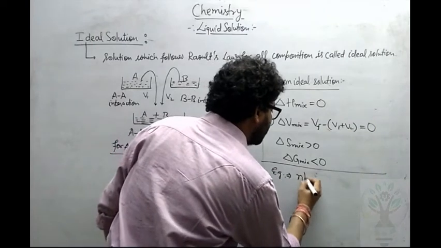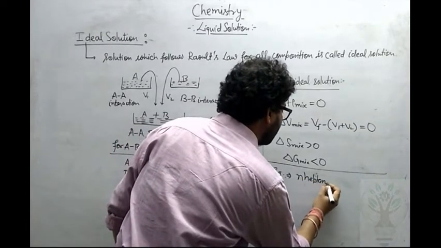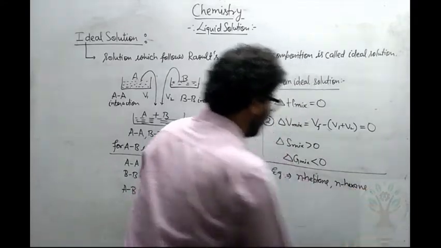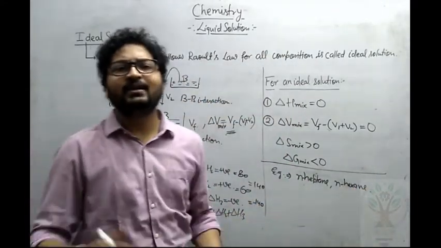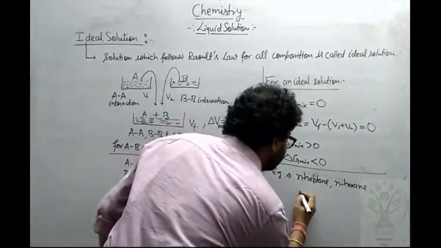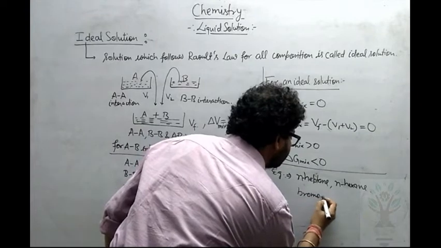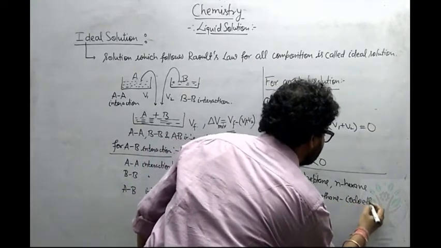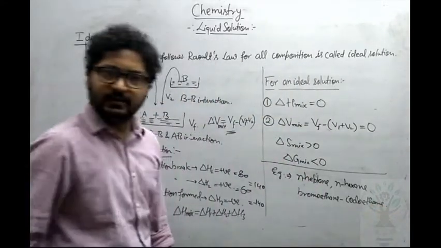Example: N-heptane and N-hexane. See, both are similar type of molecule, so generally similar type of molecules form ideal solution. And let's say bromoethane and iodoethane. Again similar type of molecule, isn't it?